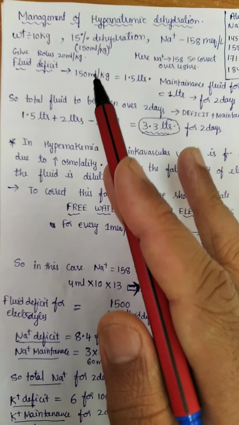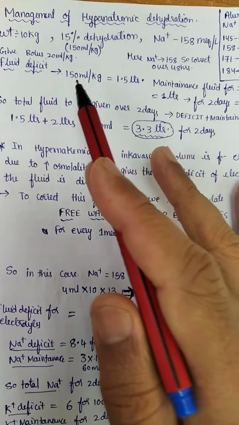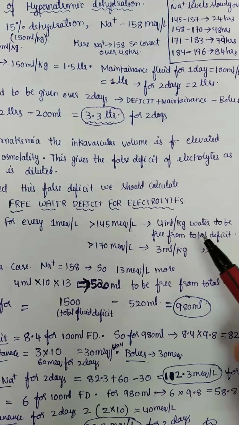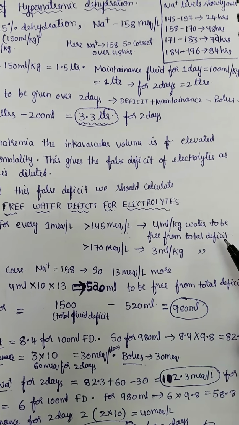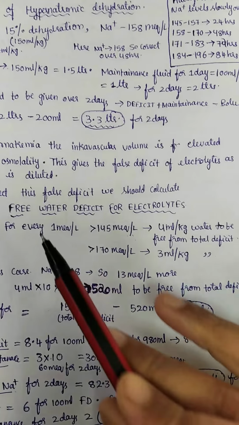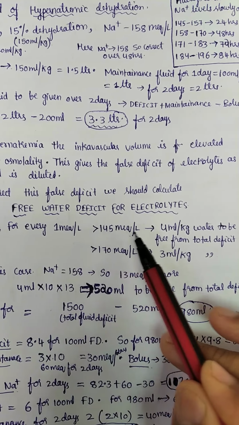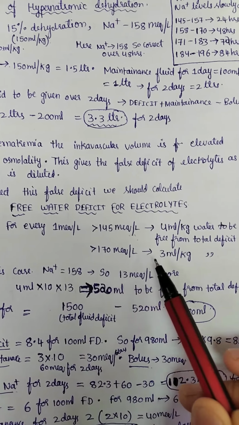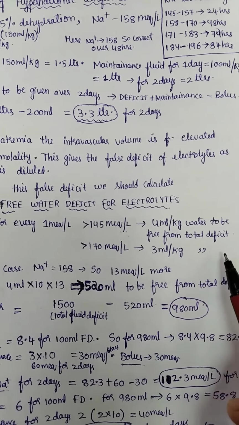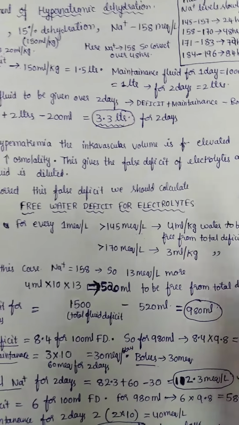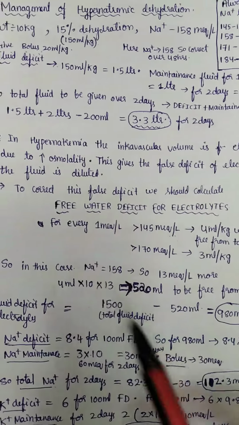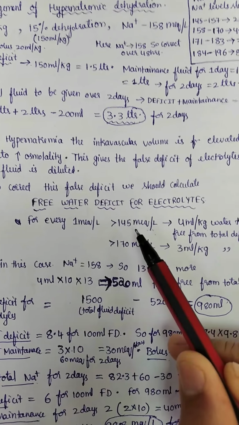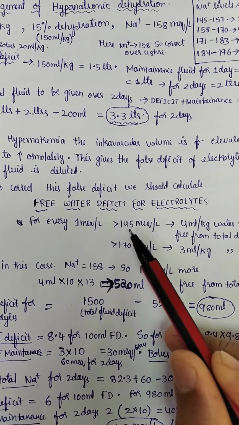Here the total deficit is 1.5 liters. So 4 ml per kg of water should be subtracted from the total deficit for every 1 milliequivalent per liter raise more than 145. For every 1 milliequivalent raise more than 170, 3 ml per kg of water should be subtracted. Here we have sodium 158, which is 13 milliequivalents more than 145.